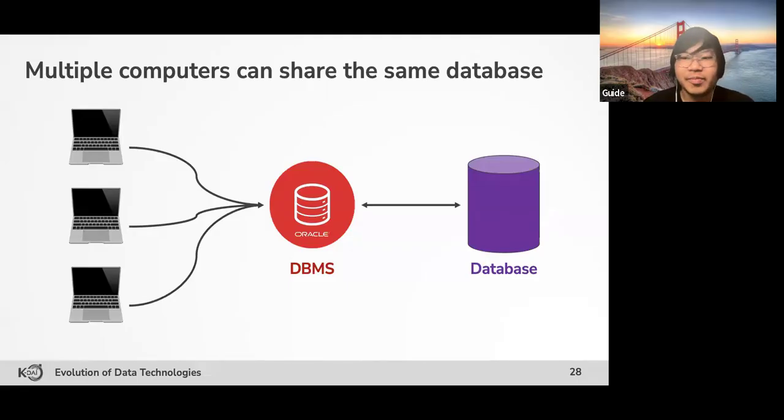But with multiple computers, people can update the database concurrently. Concurrently means that they can use the database at the same time. They can insert into the same database at the same time. They can update the database at the same time. They can manipulate the database at the same time. What's going to be the problem of this?